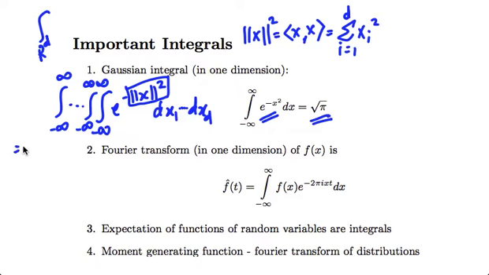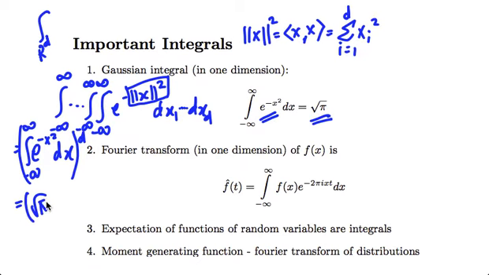So this just ends up being the integral from minus infinity to infinity of e to the minus x squared dx, and that gets multiplied d times, so it's to the power d, and so that just ends up being root pi whole to the power d. So that's the higher dimensional version of the Gaussian integral.